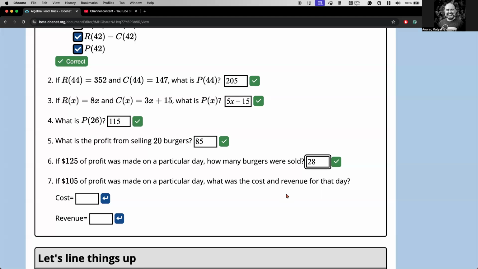Because that's how much the profit is, right? What could you find from that if we set 105 equal to the profit function? Okay, someone else. If we have the number of burgers sold, then how could we get the cost from it?